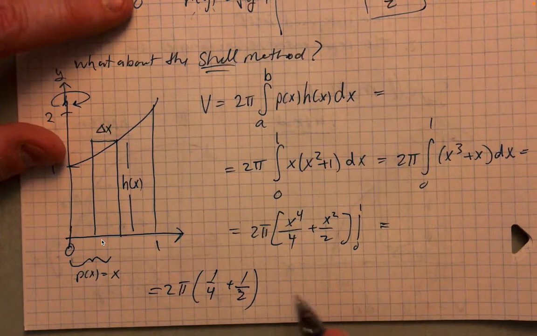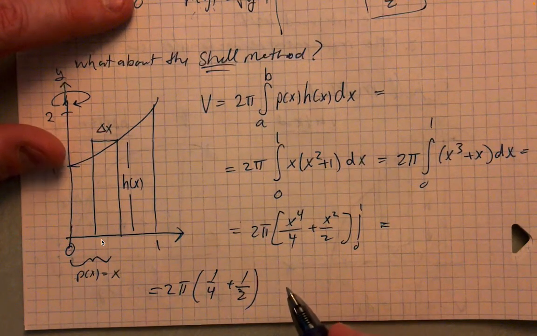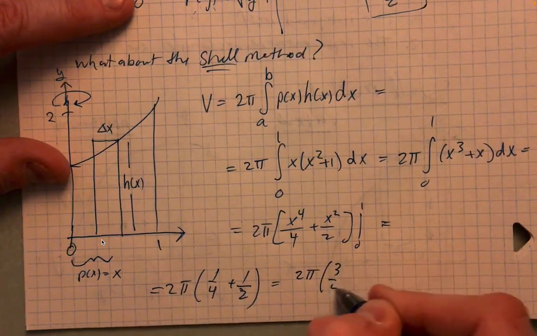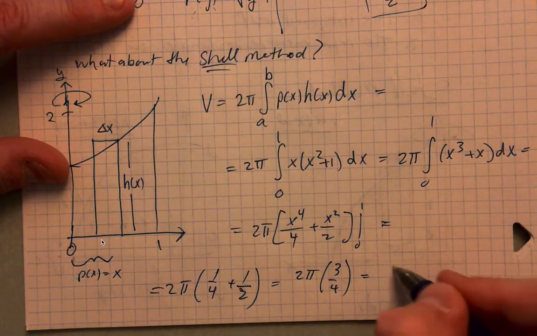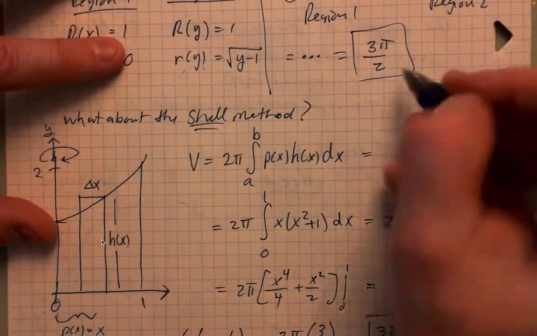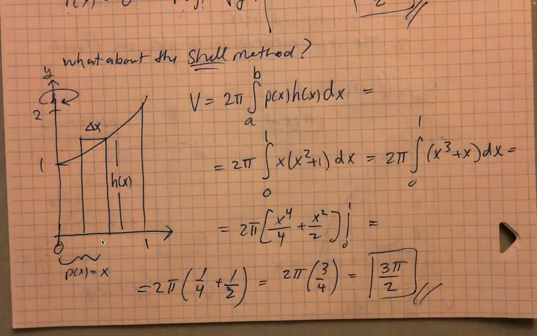All right, a 4th plus a half is 3/4. And so we get 3 pi over 2. Perfect, right? So it agrees. And they should, naturally, right? They should agree.